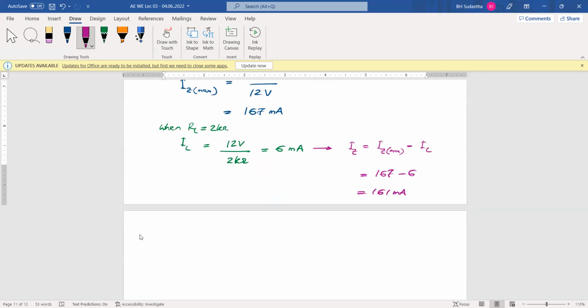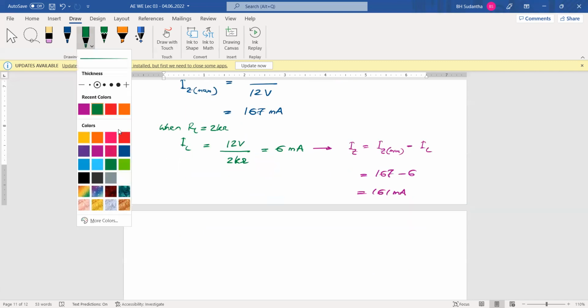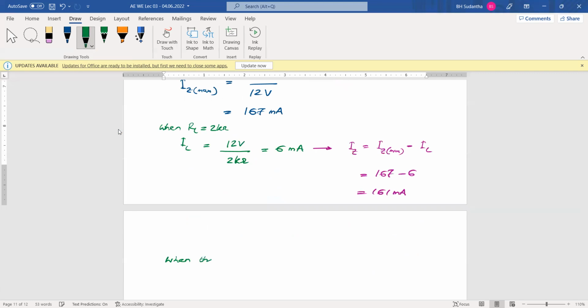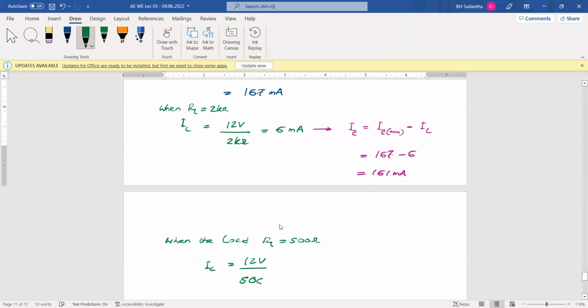Then when the load RL is 500 ohms, IL is 12 volts divided by 500 ohms, which is 24 milliamperes.